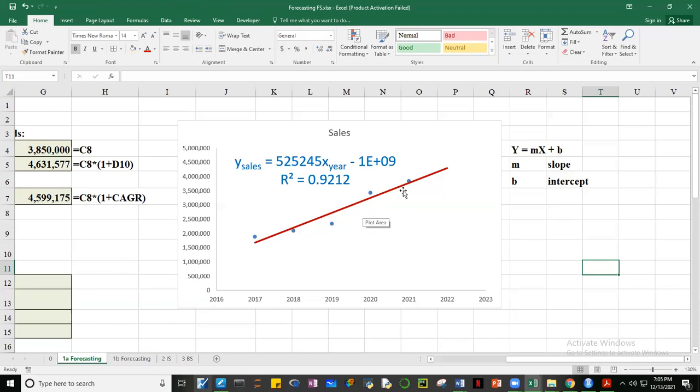That's the slope, guys. That's the slope. If you recall, guys, yung slope, that's your rise over the run. No? So yung run natin yung year, yung rise natin yung sales. So if you increase the year by 1, then your sales will increase by 525,245. That's the meaning of your slope.